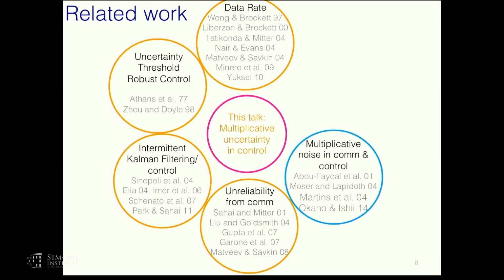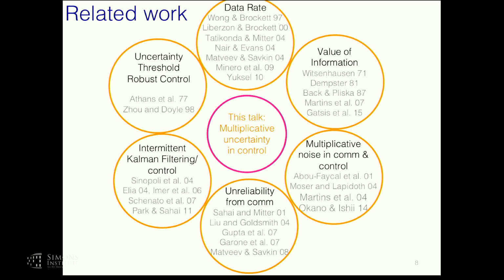Again, the work that I'm talking about today is building on a large set of work that has been done over many years. Victoria alluded to a lot of it. I won't go into a lot of these details in the interest of time, but we're building heavily on ideas from, for example, robust control and the uncertainty threshold principle.